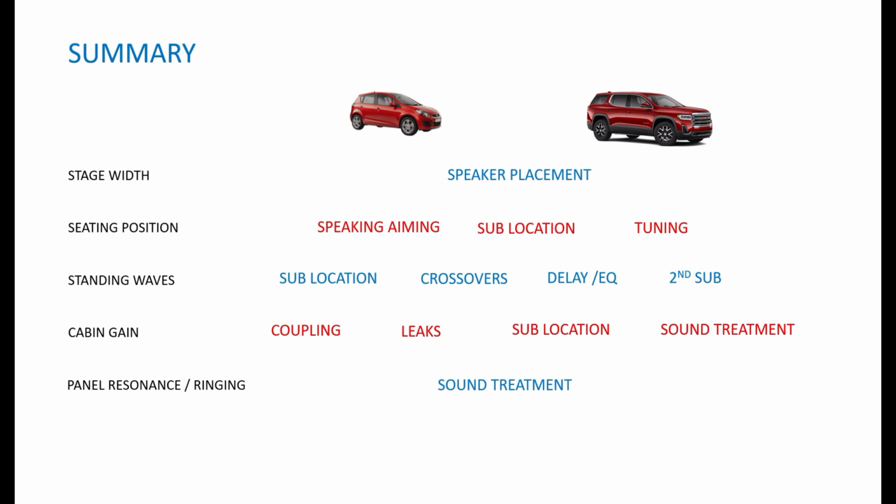In terms of seating position, speaker aiming, sub location, using a DSP so that you can tune the cabin response to your particular listening position is the way to deal with seating position related acoustics. Standing waves, changing the sub location, the sub's crossover slope, playing with delay, EQ, maybe installing a second sub if you're having standing wave cancellations or something at your listening position. There's some of the solutions there.